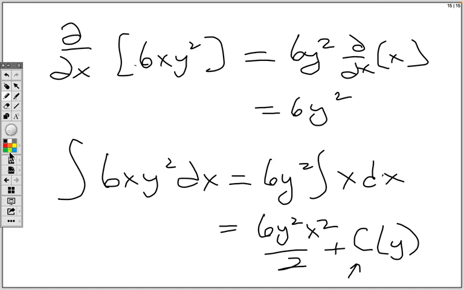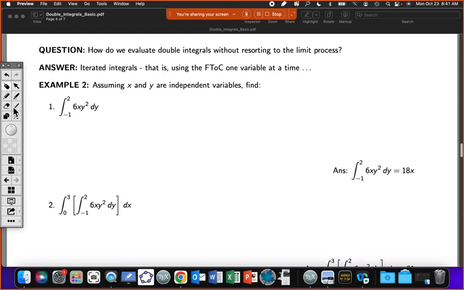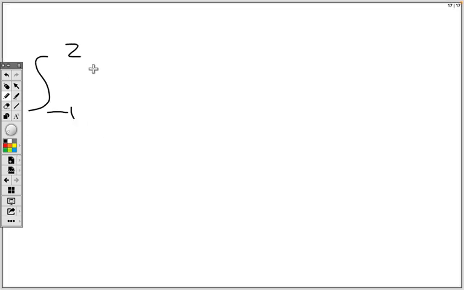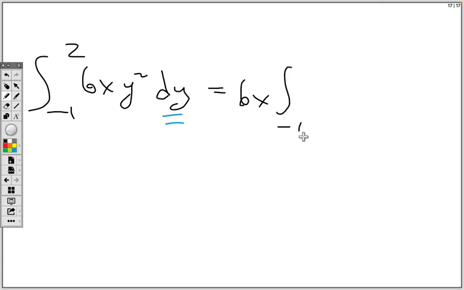So let's take a look at this first example. We're integrating from -1 to 2, 6xy squared dy. So the first thing is we're integrating with respect to y. So it's just like when we were taking derivatives with respect to y in chapter 15. We're going to treat the 6 and the x both as constants. So I can factor those out of the integral.